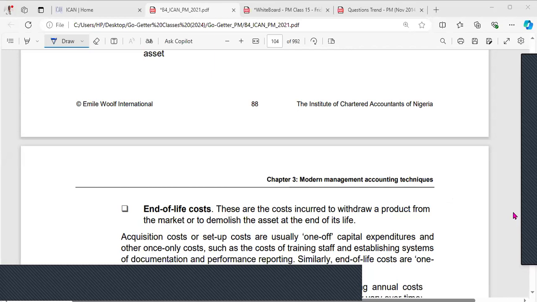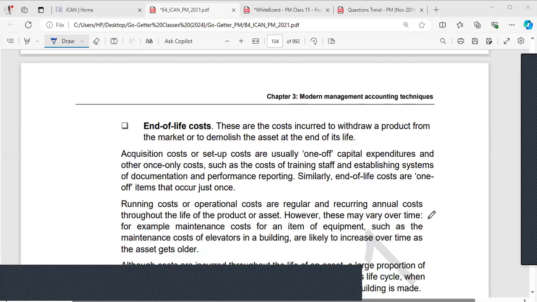So with the generator I mentioned before, it means the cost incurred to withdraw the generator so that you transform the place to how it was before. The generator house you built, you need to destroy it so that the generator can be lifted out. Then anything else that was removed to make way for it now needs to be replaced. So this is what they call the end of life cost of the asset.